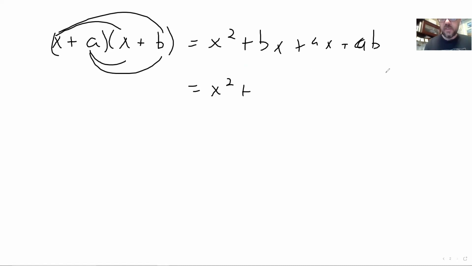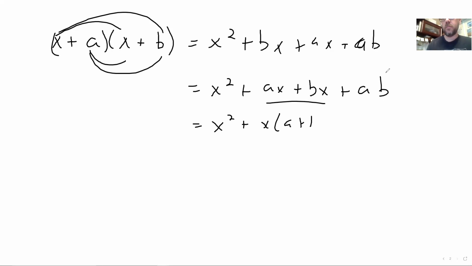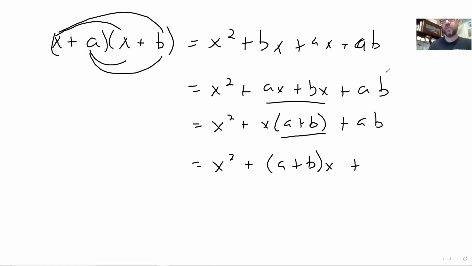I'm going to write this as x squared plus ax plus bx plus ab. Now out of these two terms, I'm going to factor the x out. Notice that a and b are numbers, right? So this a plus b is going to be some number. In the other problem, it would have been a 10, because a and b were 7 and 3. So I'm going to write it like this: x squared plus (a plus b)x plus ab.